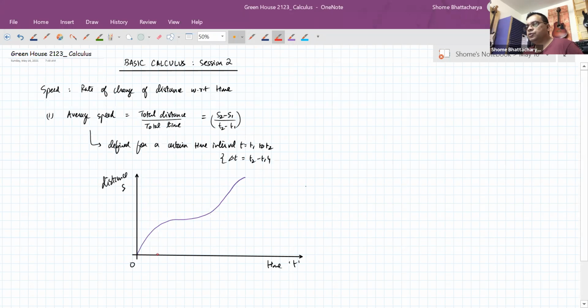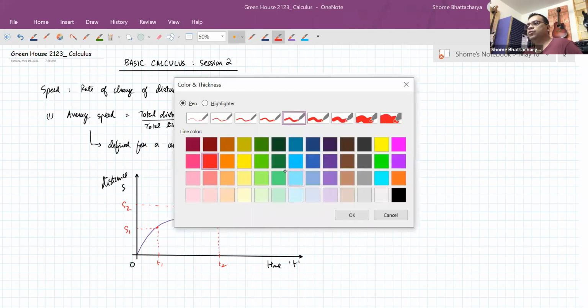Okay. So now suppose this is my time T1 and this is my time T2, and we want to calculate the average speed between these two times. Then we plot this point here, this is S1. And we plot this point here, it is S2. So when we are calculating the average speed as S2 minus S1 upon T2 minus T1, it just becomes the slope of this type of line, which is called a secant line.